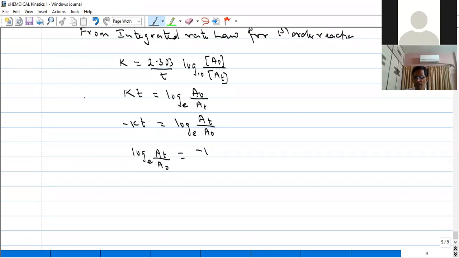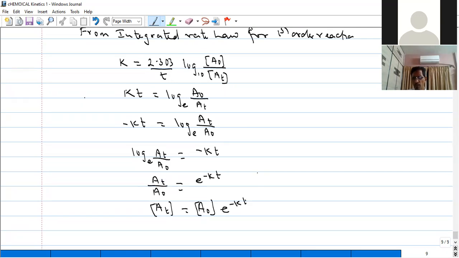Minus Kt. So At upon A0 is equal to e raised to minus Kt, or concentration of At is equal to concentration of A0 into e raised to minus Kt.